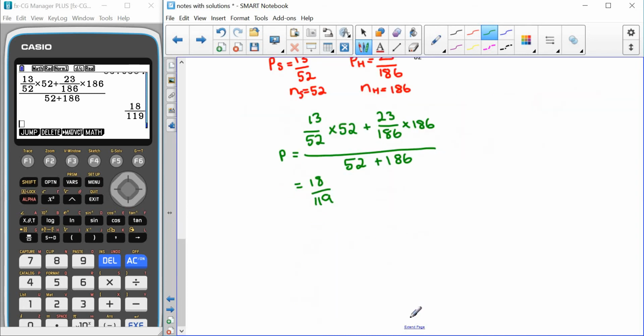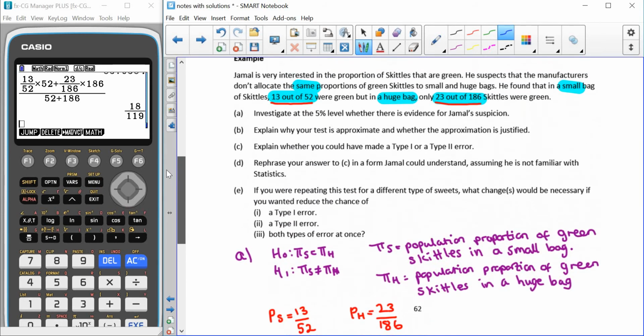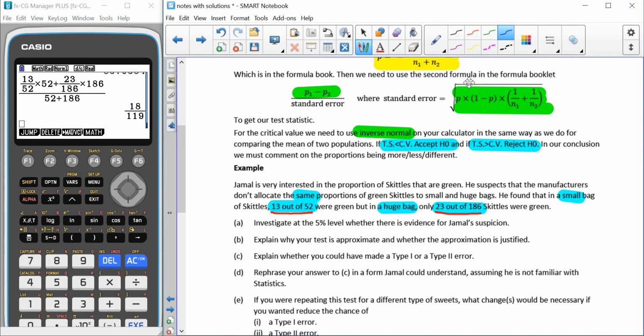So now we're actually going to use the formula to get our test statistic. Our test statistic is done by having a look at the difference between our proportions on the top, divided by our standard error. Now if we have a quick look at the formula for the standard error, we can see it looks a lot like our Sp squared formula from the 2 sample t-test.